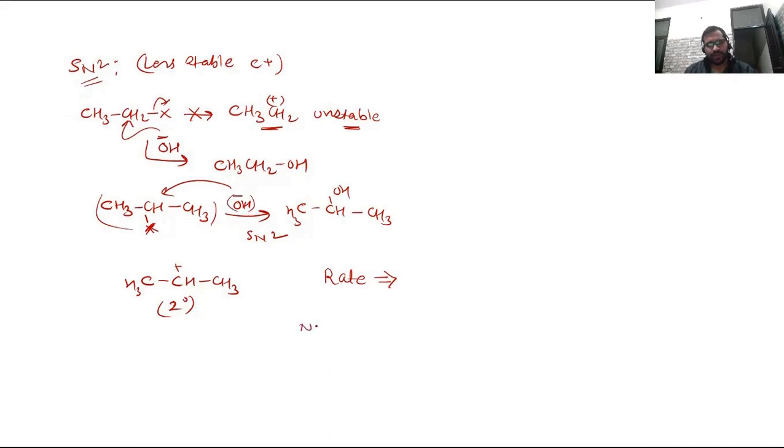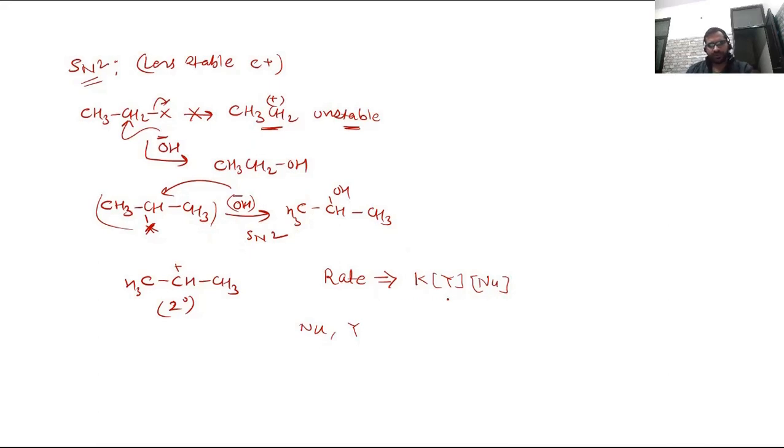If I write the nucleophile as Nu and the compound as Y, then the rate of the reaction will be K[Y][Nu], because the nucleophile is involved in the first step, the slowest step.